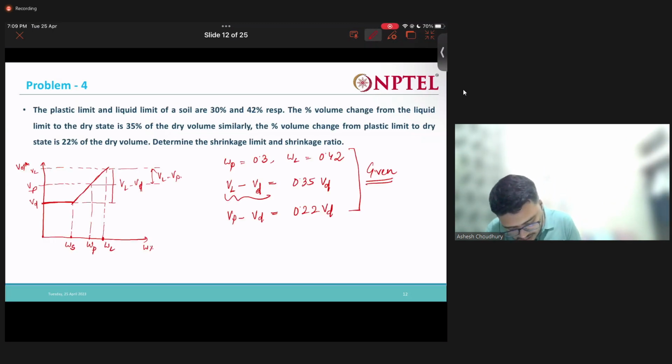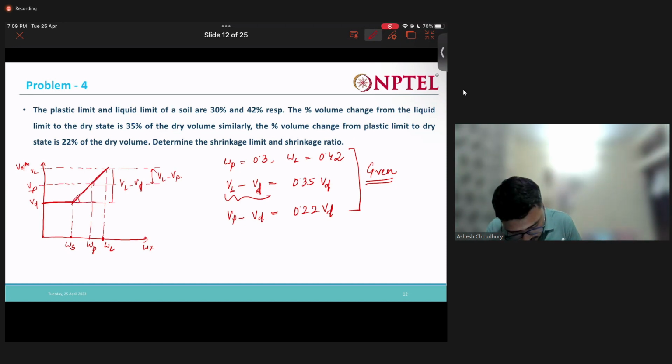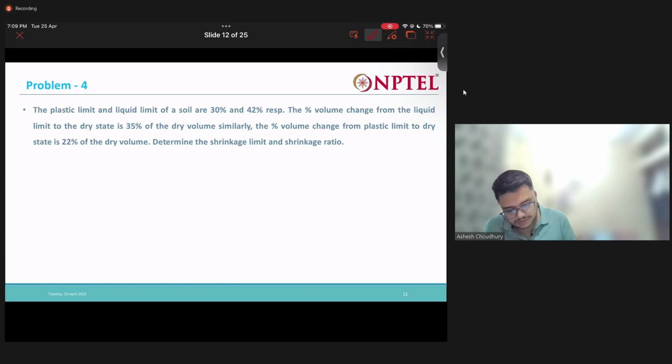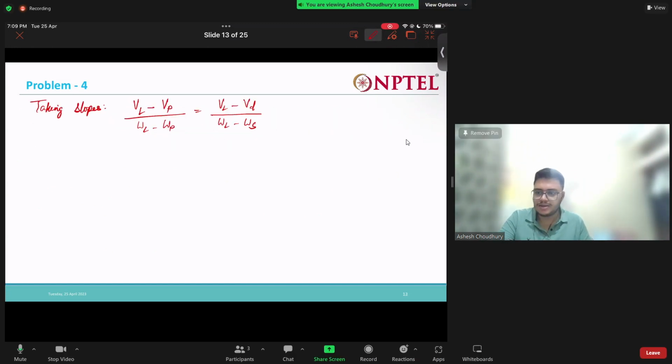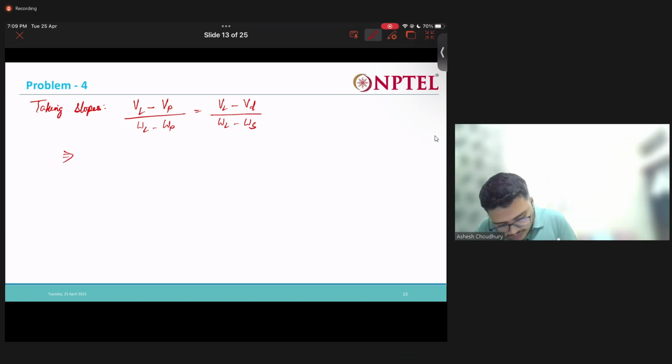So we are considering this triangle and this triangle, these two. So we can write this part. Next let us put the values. So VL minus VP, you can write as 1.35 VD minus 1.22 VD.